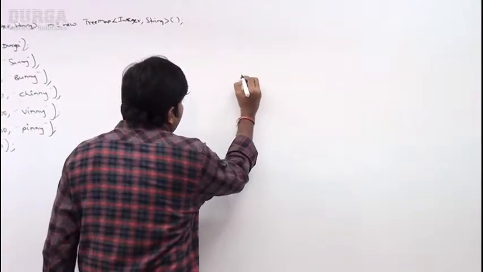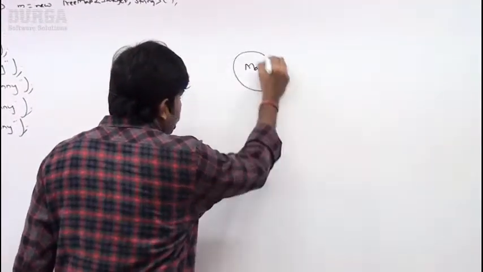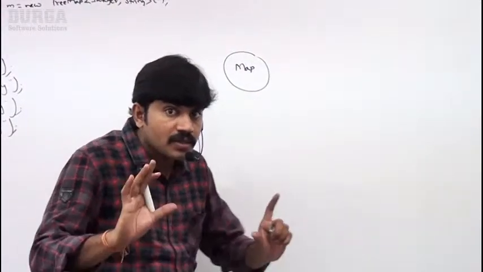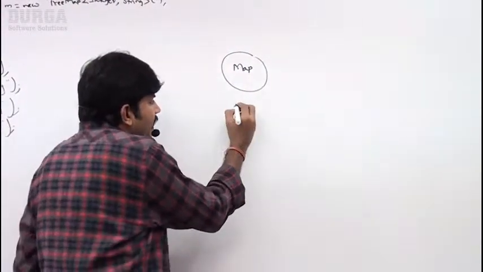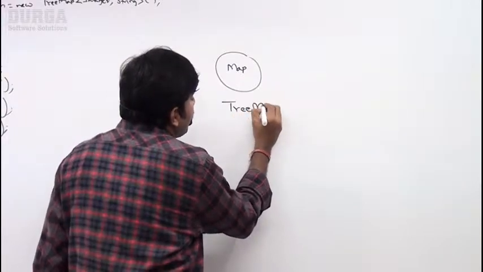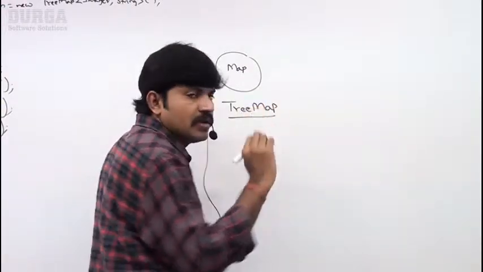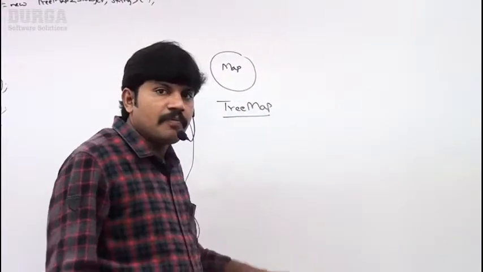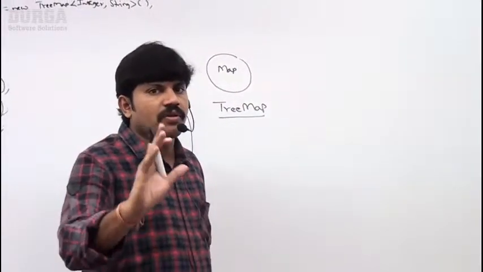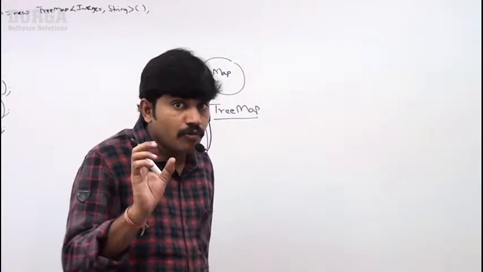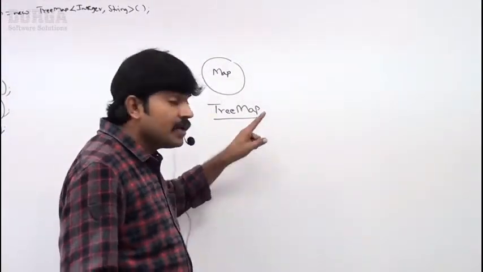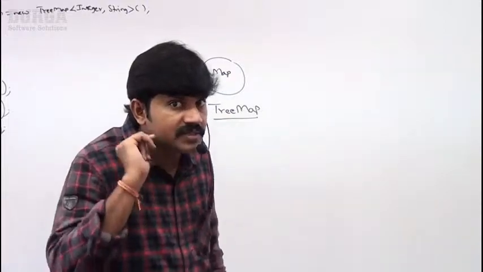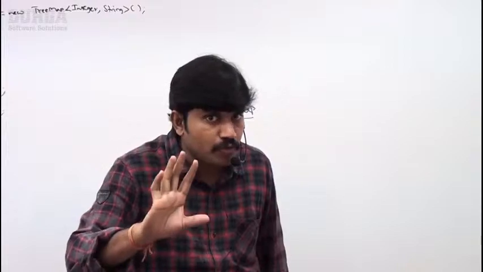In the case of a map, if you want sorting, then you should go for the TreeMap concept. TreeMap is always meant for sorting order. Key-value pairs will be inserted according to the sorting order of keys. Remember, sorting is always based on the key, but not on the value by default.